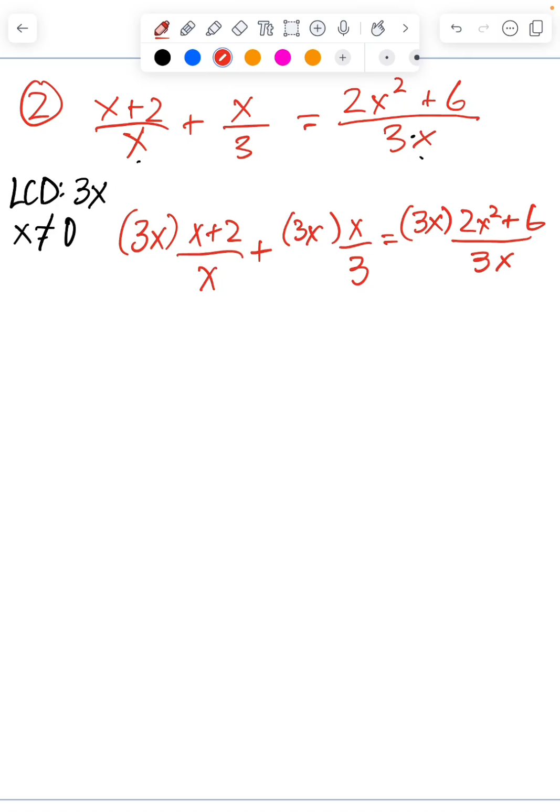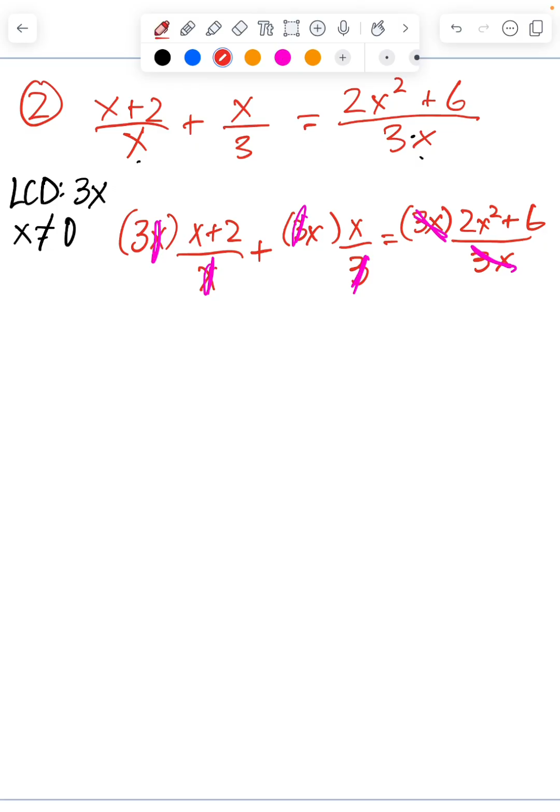All right. As you can see, there's a lot of stuff to cancel here. So let's cancel this x here, this x here. Let's cancel this 3 here, this 3 here. And let's cancel the 3x here and 3x here. And let's bring down what we have remaining.